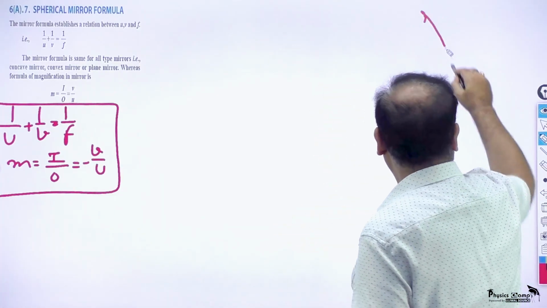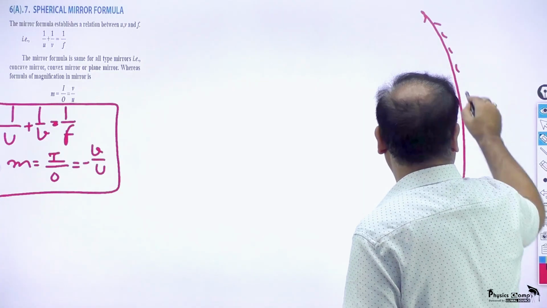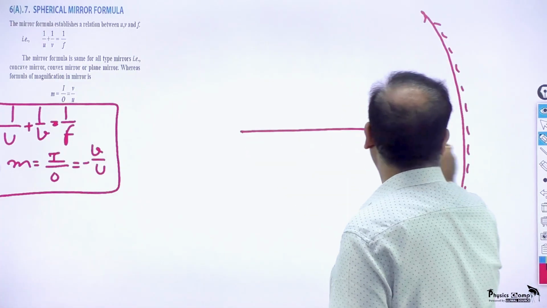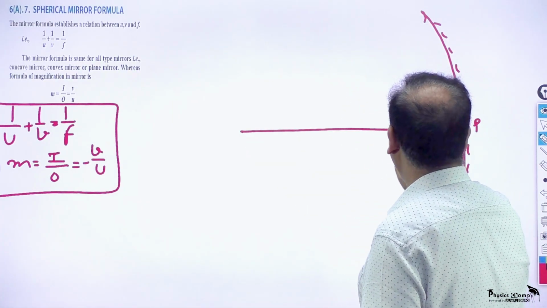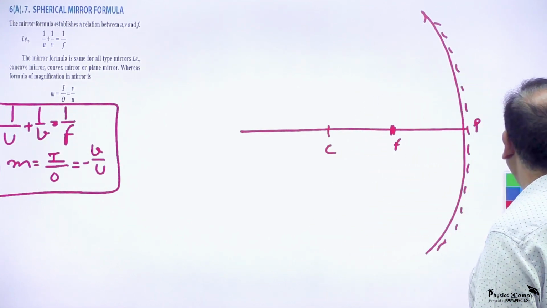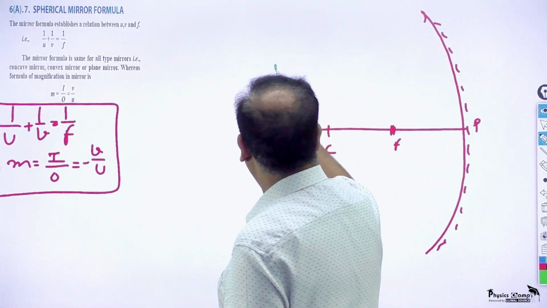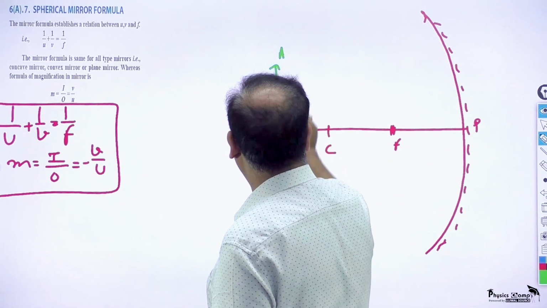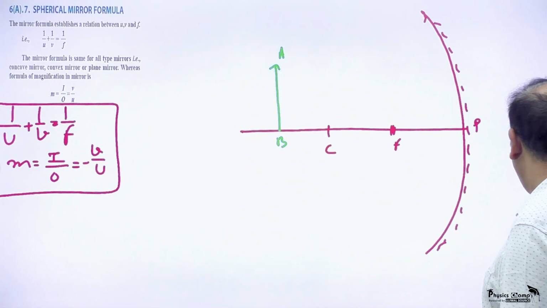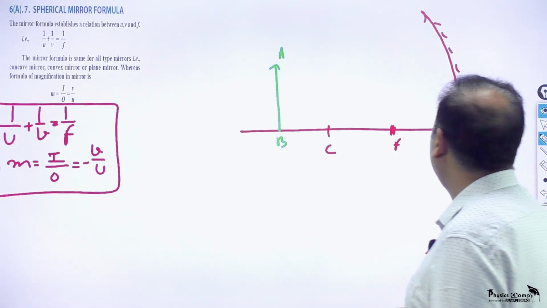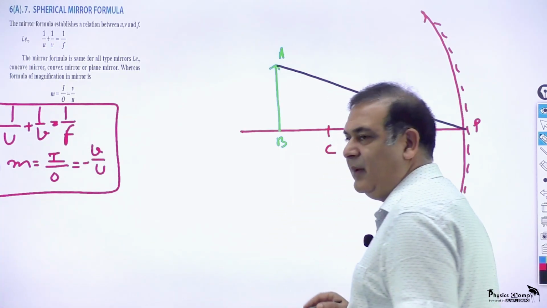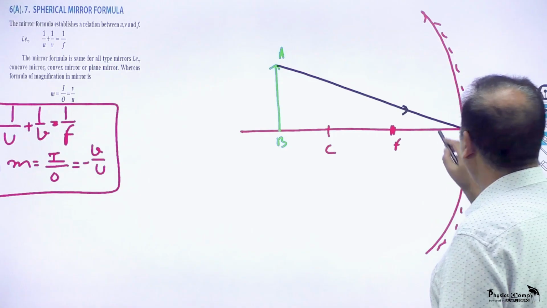Now, in order to prove the mirror formula in concave mirror, I have taken a concave mirror. This is the principal axis, pole, focus, center of curvature. And let we have an object AB over here. The first ray which I will take is, let this ray fall at point P at an angle theta.